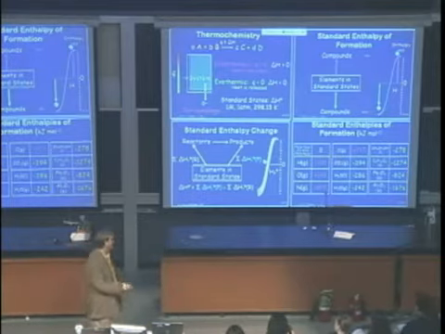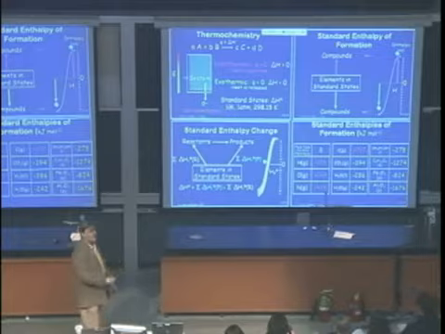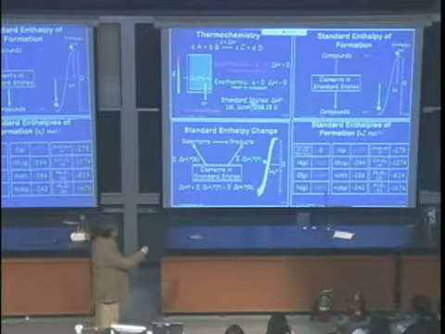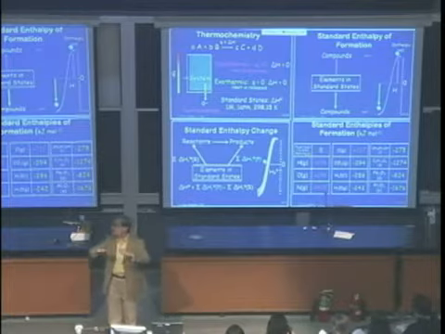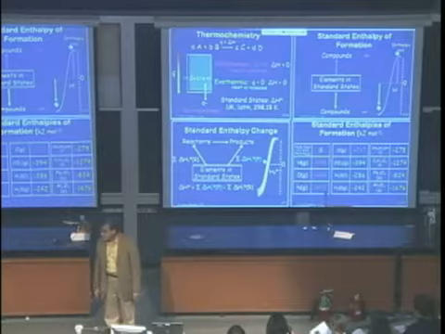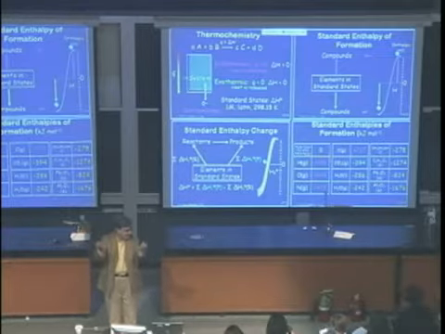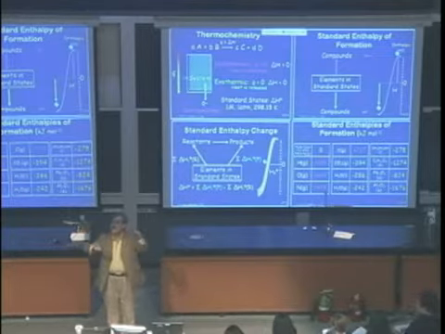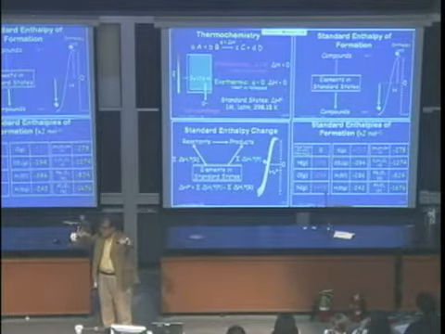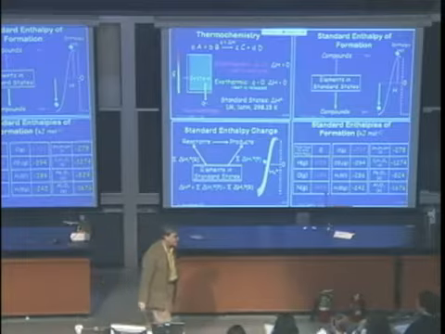We agreed that the standard state, if you have solutions, is all at 1 molar concentration, and if you have gases, it's all at 1 atmosphere pressure. Of course, you don't have it at 1 atmosphere on the benchtop, the gas itself, but you're comparing just the products with the reactants. And really, it doesn't matter what state you have, as long as you have the same state, all right?